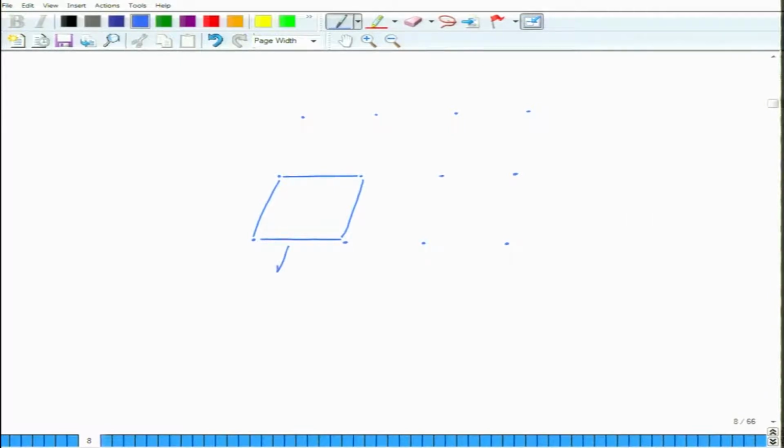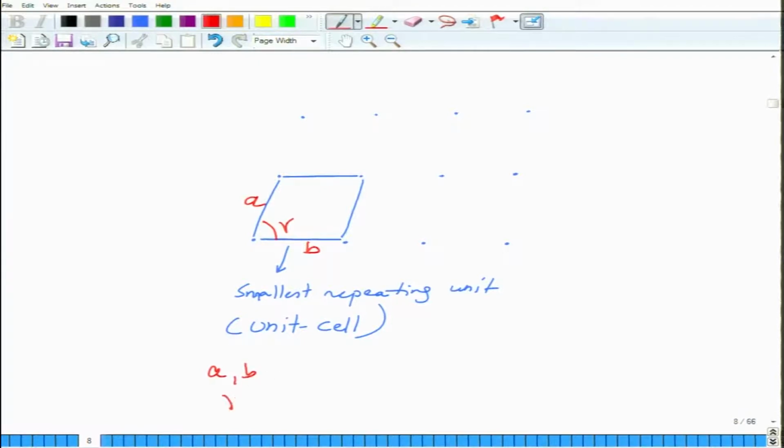This is called a unit cell. Okay. And the sides of this unit cell are called unit cell parameters. So, if this is A, this is B, this is gamma. So, these will be A, B and gamma.